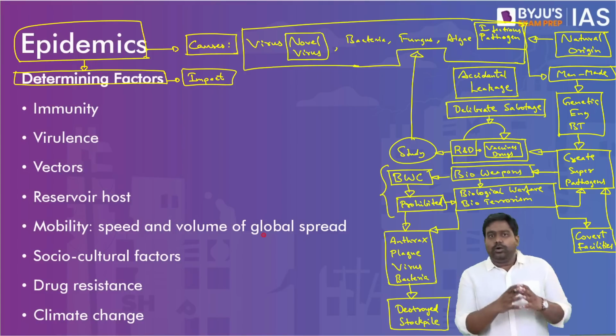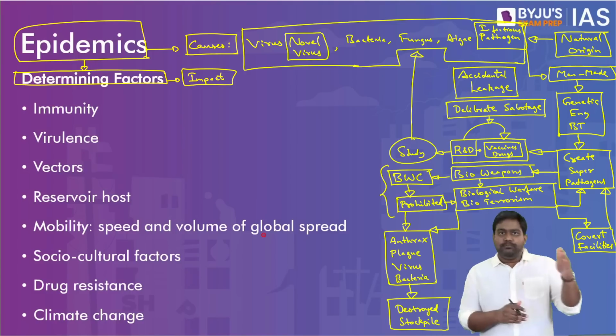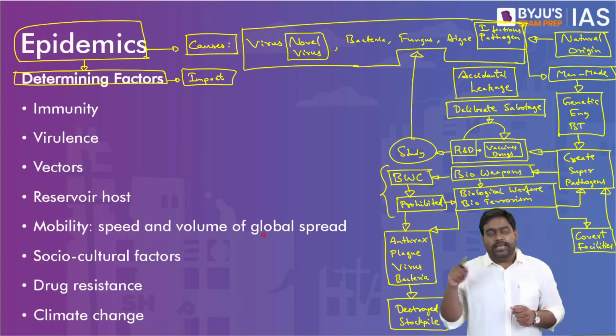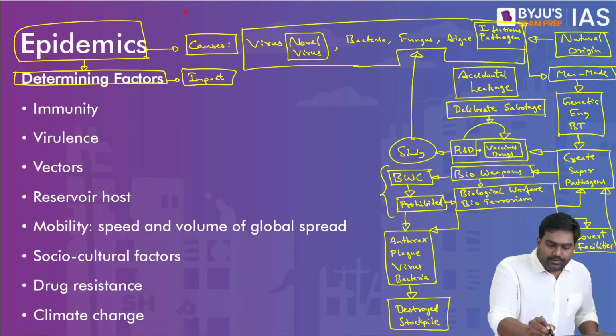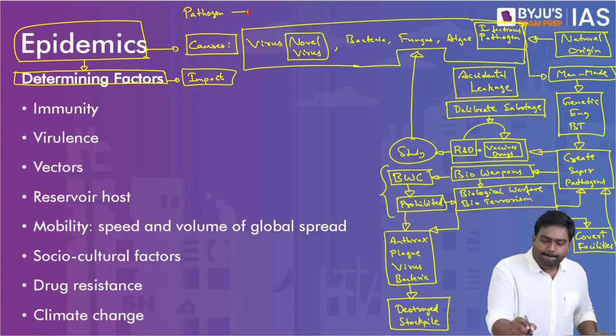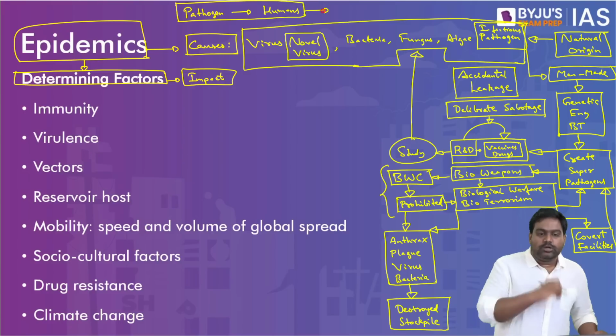Let's understand what factors determine the eventual impact of a dangerous pathogen that enters into human beings. When a pathogen jumps into humans, what do we call such a disease?